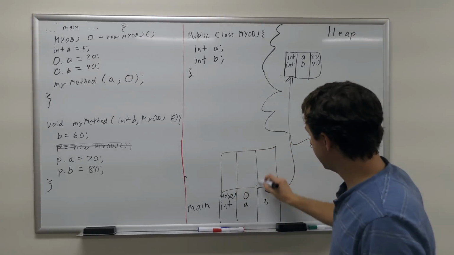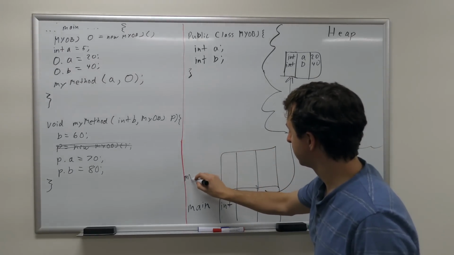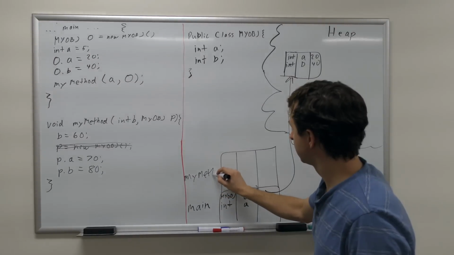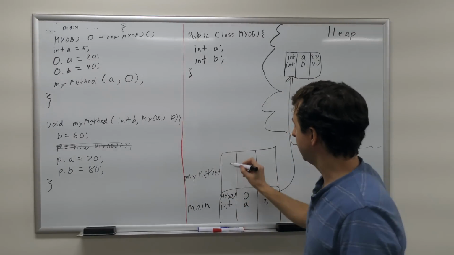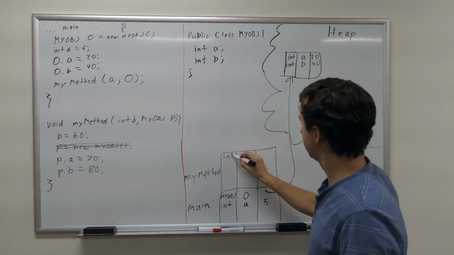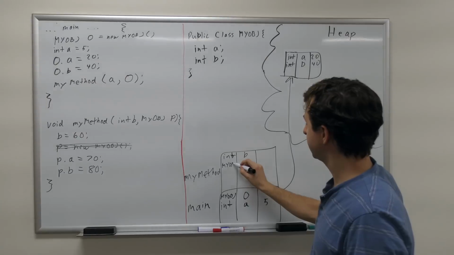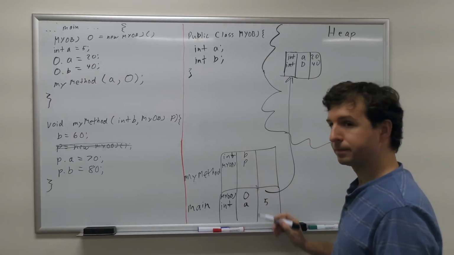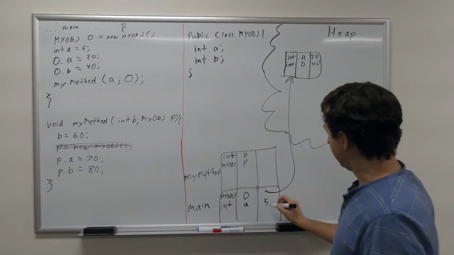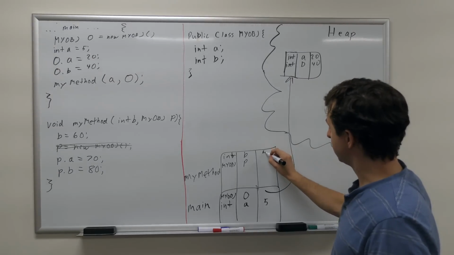Add our new entry on the stack, for my method. And it has an integer b, and a myObject p. And these have their values copied from down here.